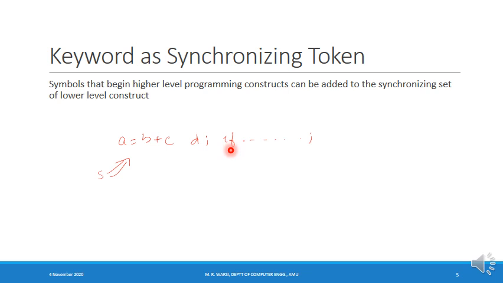So we may also think about selecting keywords from which a new statement can begin to also act as synchronizing tokens. So keywords from which a new statement is beginning can also act as the synchronizing token.